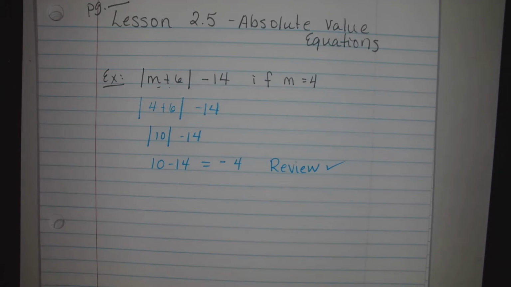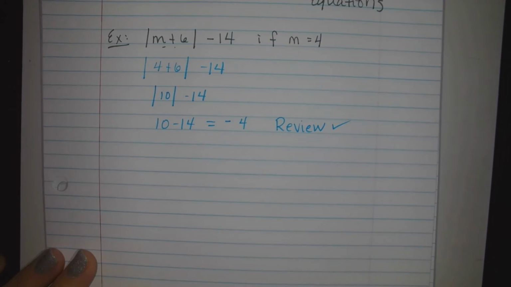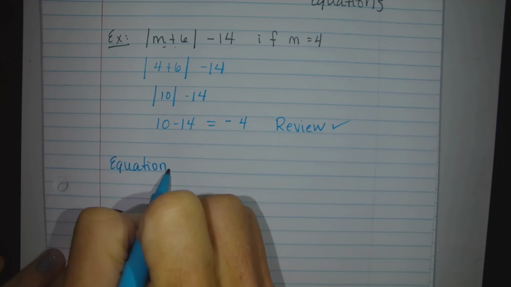That's not an equation, though. Is there an equal sign in that? No. Okay, now we're going to do equations. I think the book does. So, yes, they do. I'm going to write this.